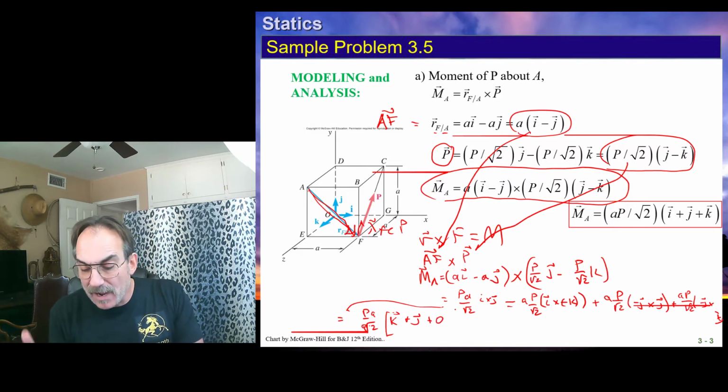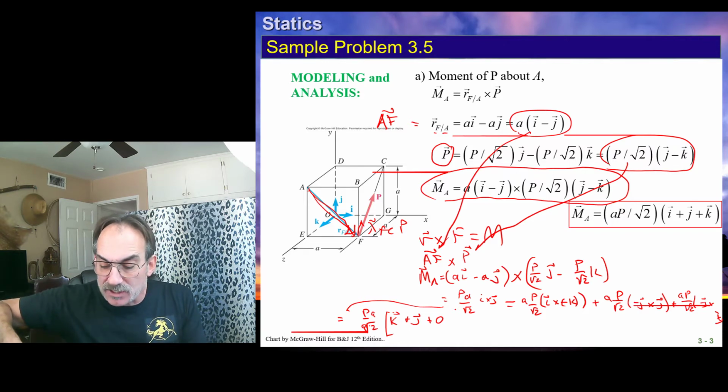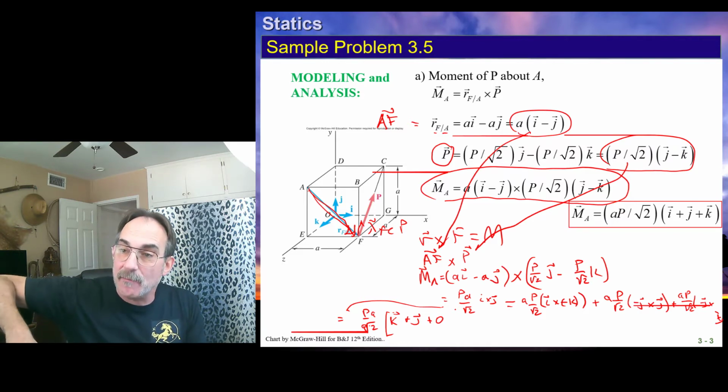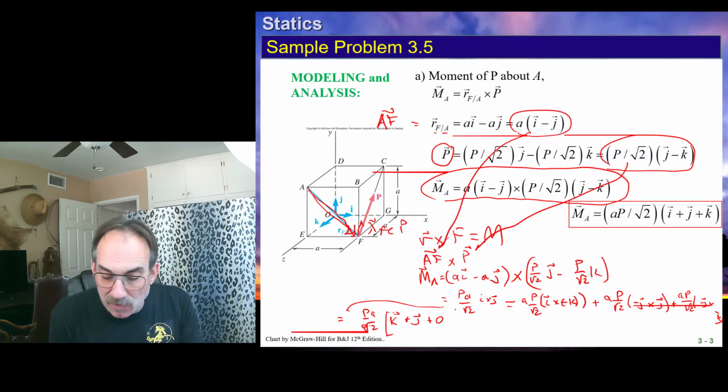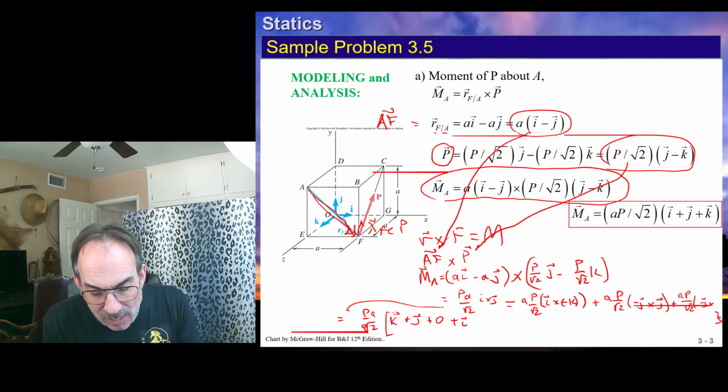And then minus J crossed with minus K, minus J minus K, which is going to give us positive I. Which means we're going to have PA over square root of 2, and our components are going to be I plus J plus K.